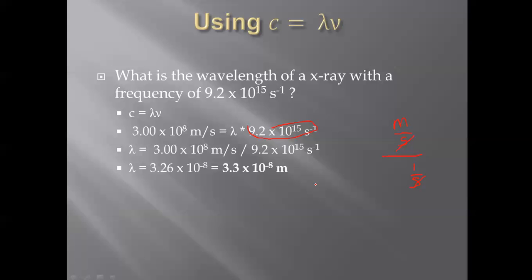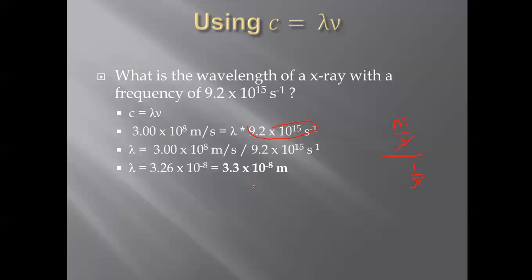If you struggle with canceling out the units, it's a good idea to look at it, but your other approach is just to remember that in this equation, we're going to get wavelengths in meters, and so we can remember to use meters as a unit when we're finished. By the way, because there are two significant figures in this value right here, we should have two significant figures in our answer.